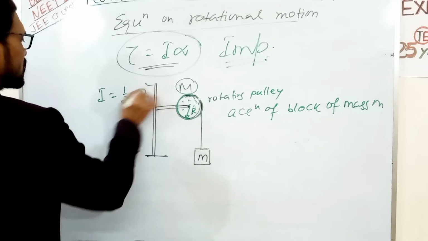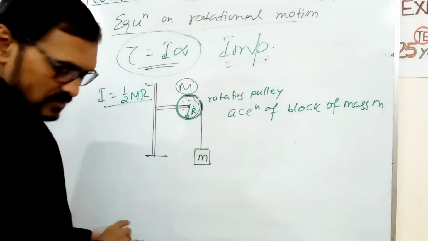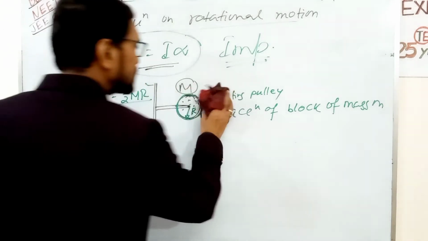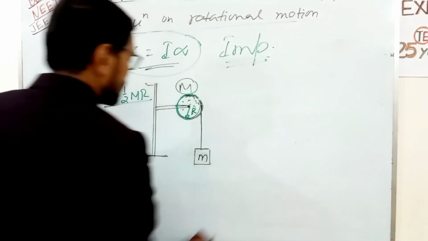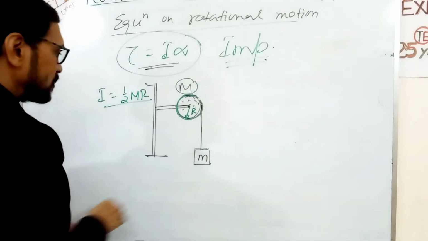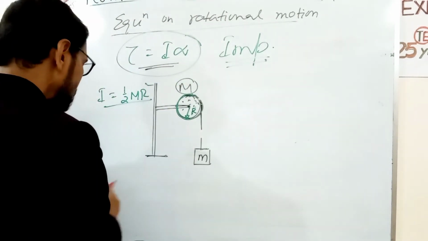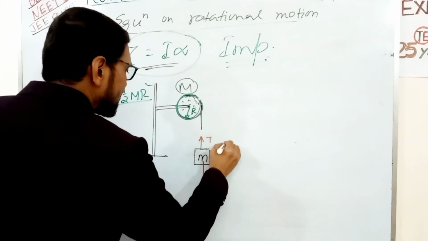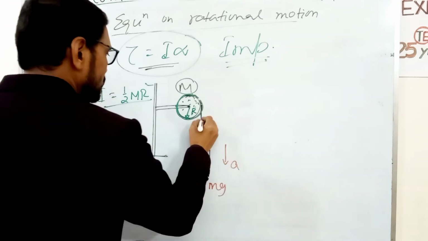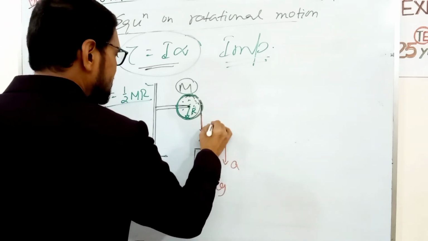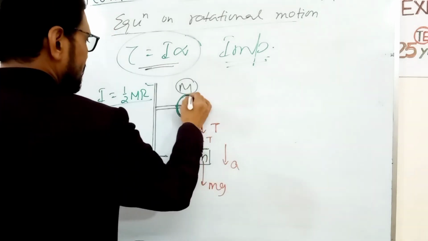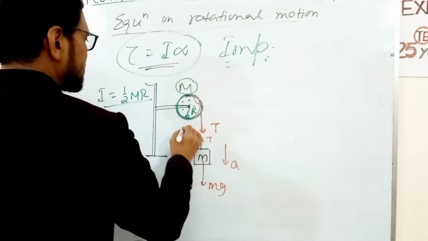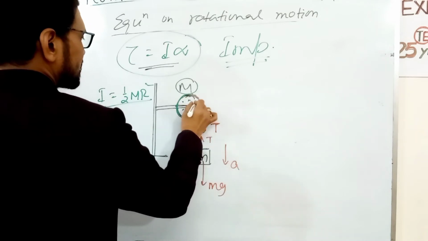To find the acceleration, we have to draw the free body diagram. Suppose mg acts downward, tension T acts upward, and acceleration is a. For the pulley, the tension is T, and the radius is r.